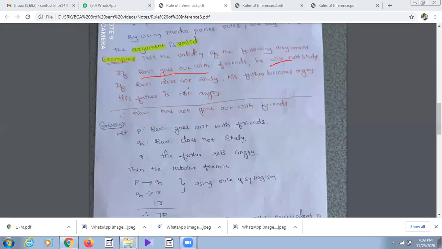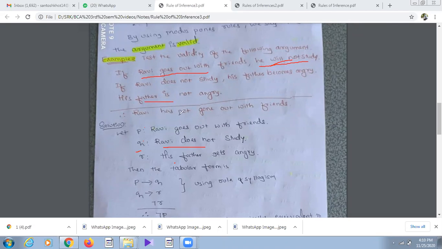Whenever the opposite sentence is not there, we can directly take it as Q, a positive sentence. Ravi does not study and Ravi will not study are similar sentences. And his father becomes hungry is one more sentence, which we denote as R. His father is not hungry is the opposite of that sentence, so there is no need to take another symbol.